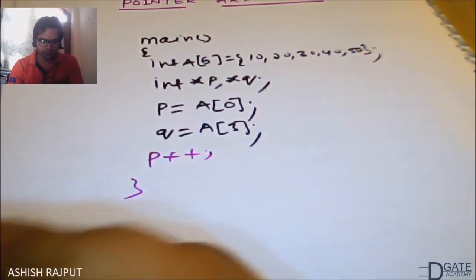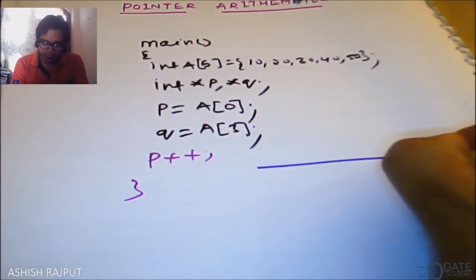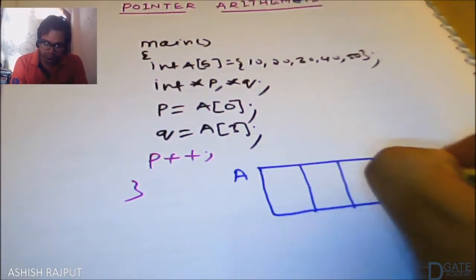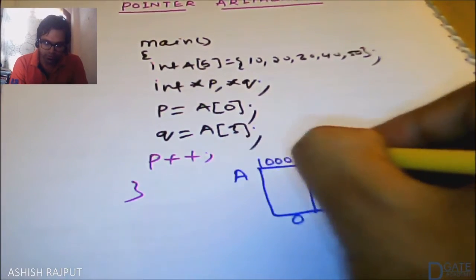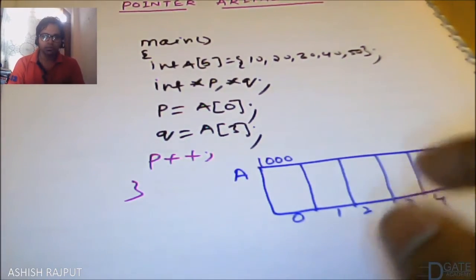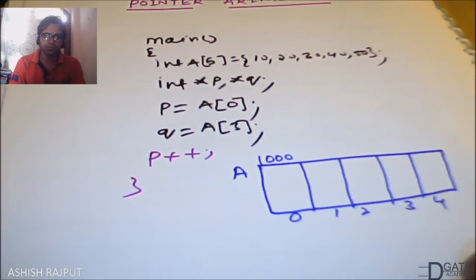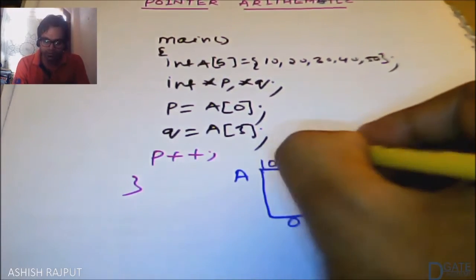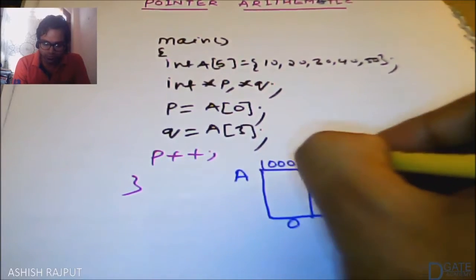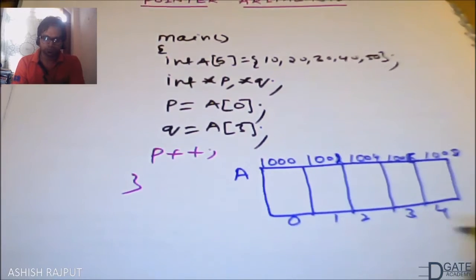So in the memory, these are the indexes, this is 1000, and we are assuming that each integer has 2 bytes. So 1000, 1002, 1004, 1006, 1008.